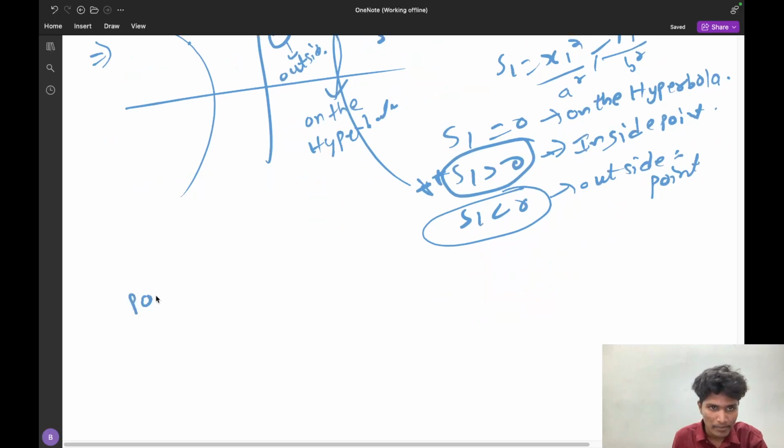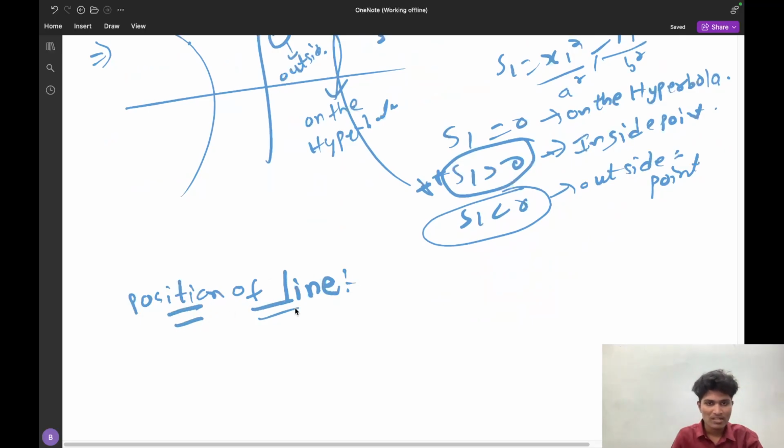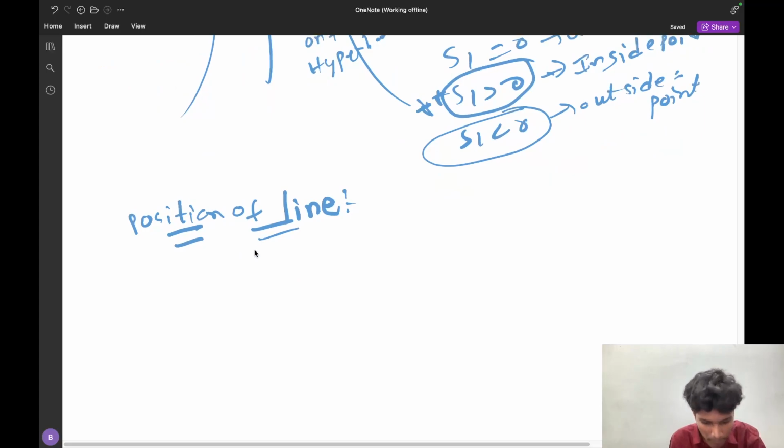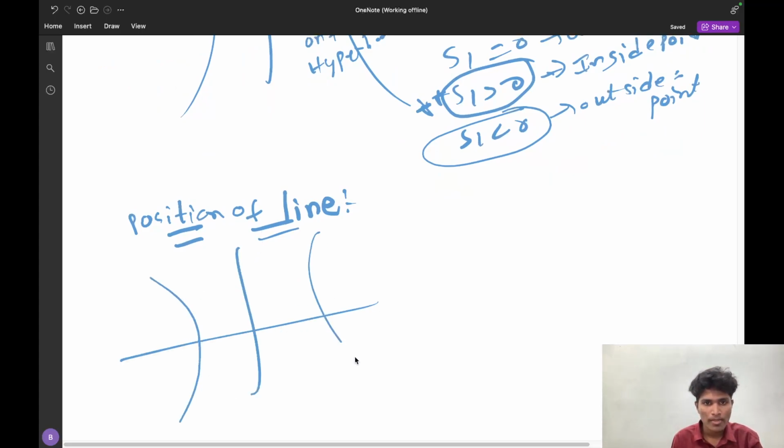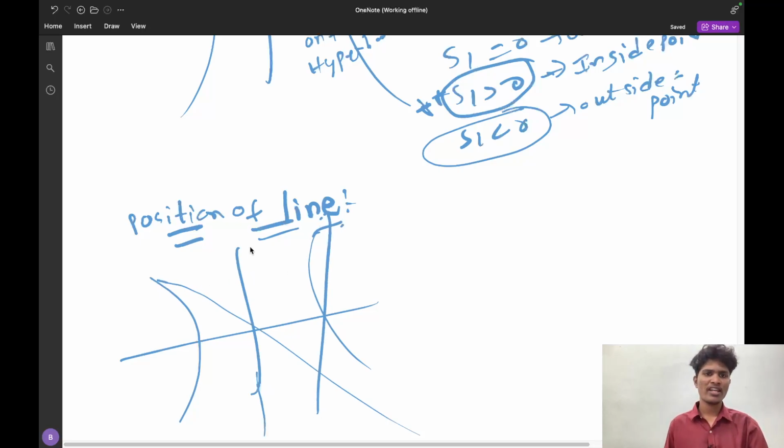Now, the position of a line. What is the position of a line? Same thing, this is the hyperbola. The line can be tangent, it can be intersecting, or it can be non-intersecting, that is, it is not meeting.